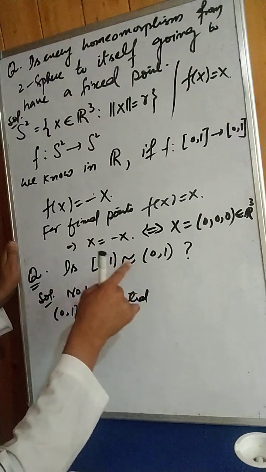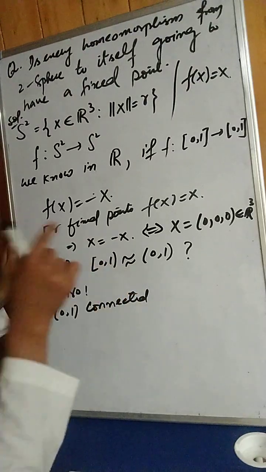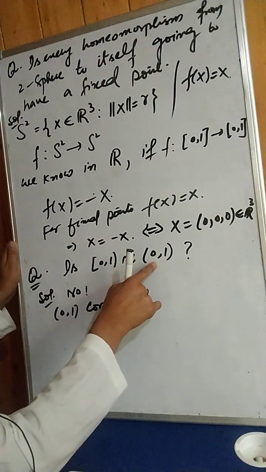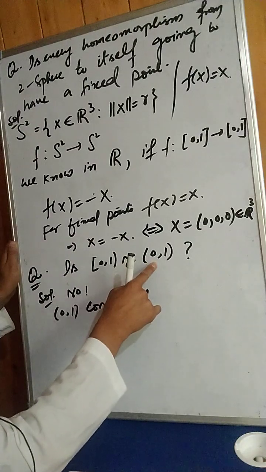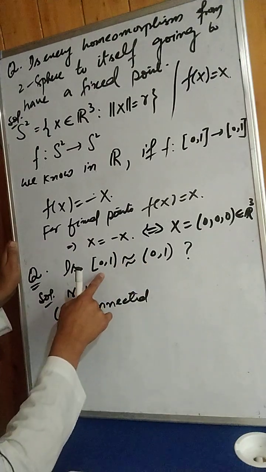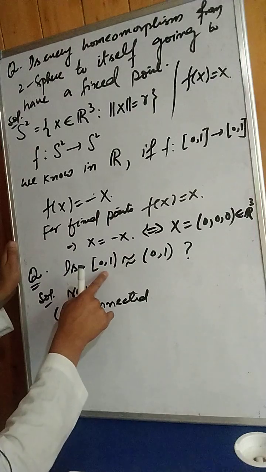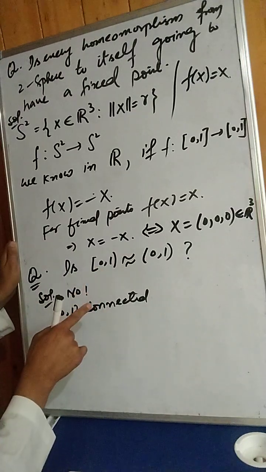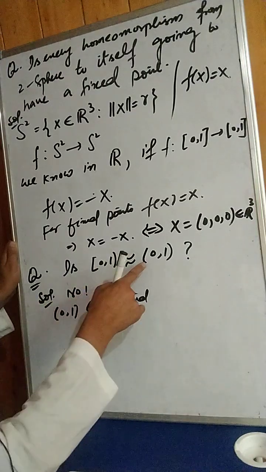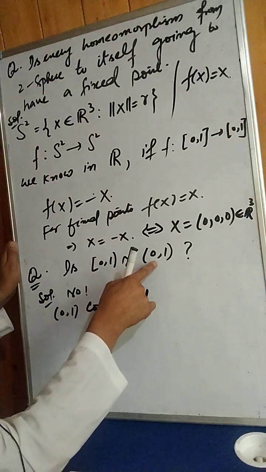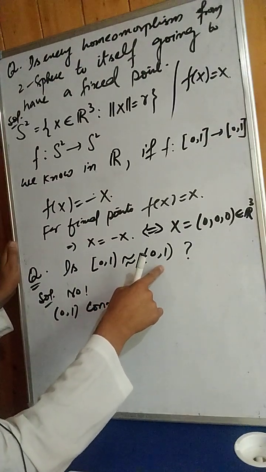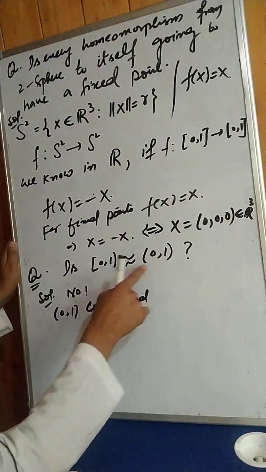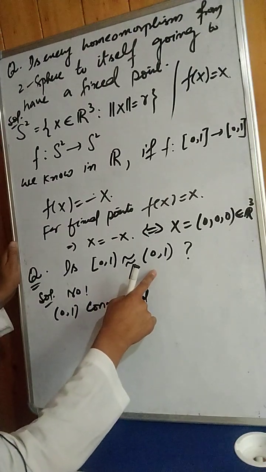There does not exist a single point which, if removed from this set, leaves it still connected. We removed one point, 0, and it is still connected, but that property does not hold for this set. That means we can say that these two sets are not homeomorphic.